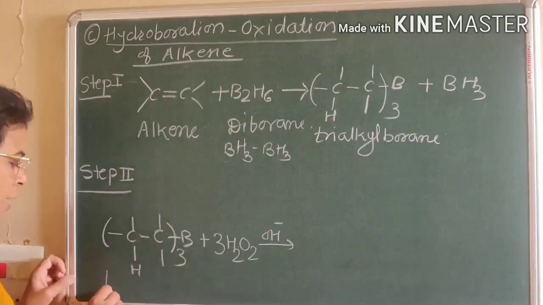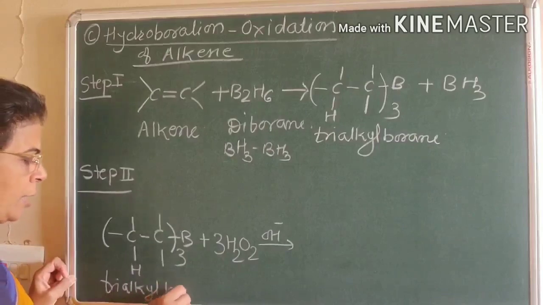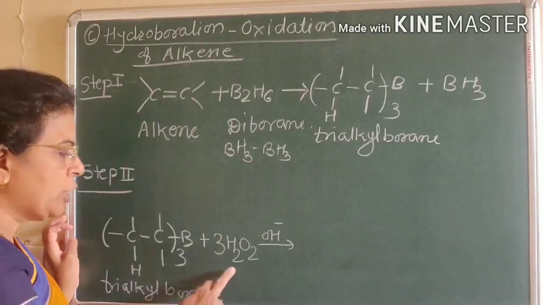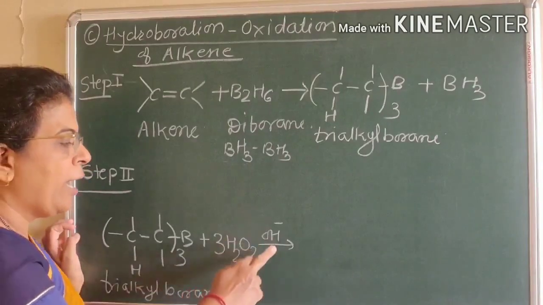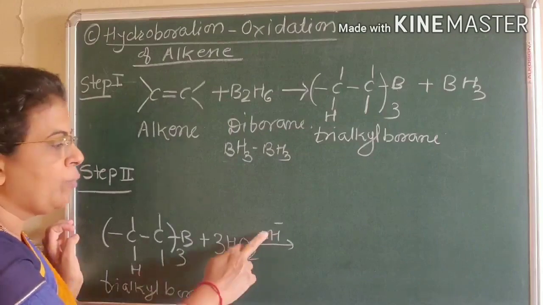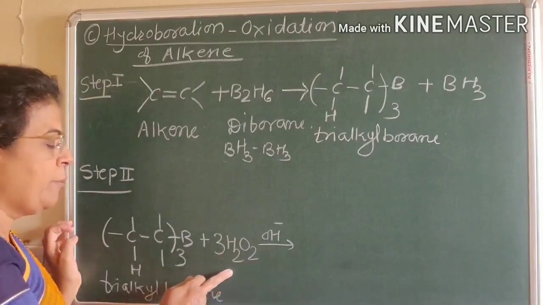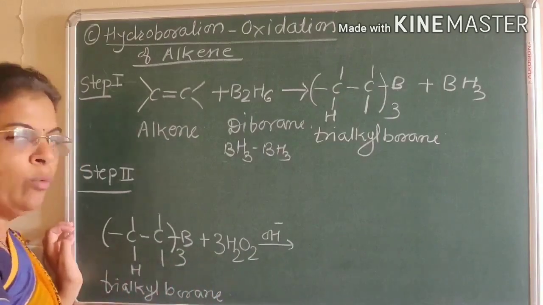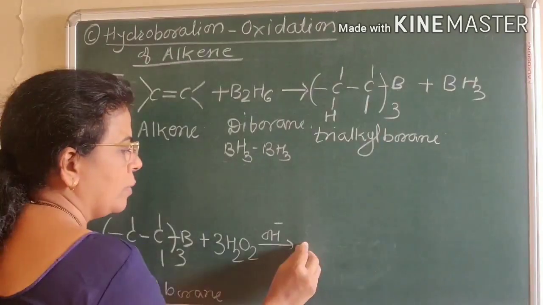Now this trialkyl borane in the second step undergoes oxidation. This oxidation is carried out in presence of hydrogen peroxide and in alkaline medium. Therefore OH minus is written here. In alkaline medium, in presence of hydrogen peroxide, oxidation of this trialkyl borane is carried out to form the corresponding alcohol.